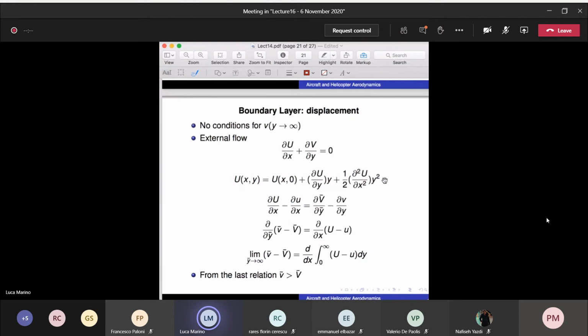Again, the approximation is more accurate if the Reynolds number is large, and the disagreement will be smaller if the Reynolds number is a large number.